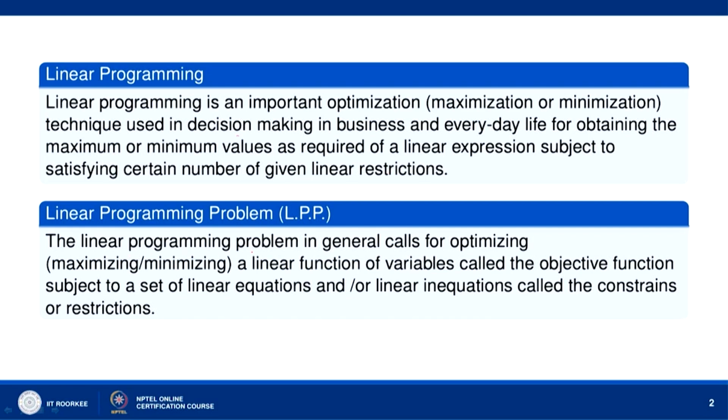Now, the linear programming problem in general calls for optimizing, that is maximizing or minimizing a linear function of variables called the objective function subject to a set of linear equations and or linear inequations called the constraints or restrictions. A linear programming problem in short is written as LPP.